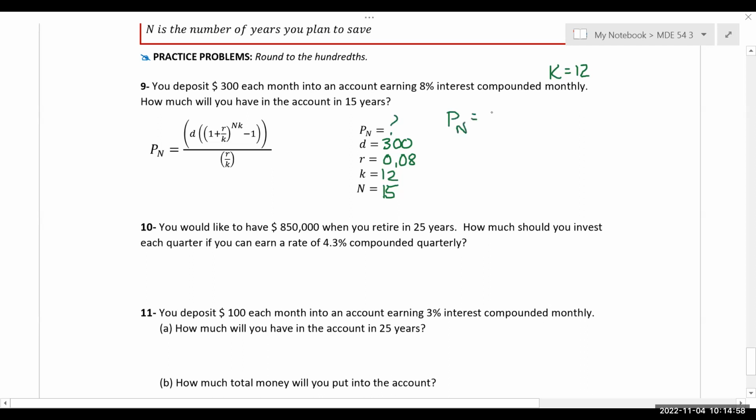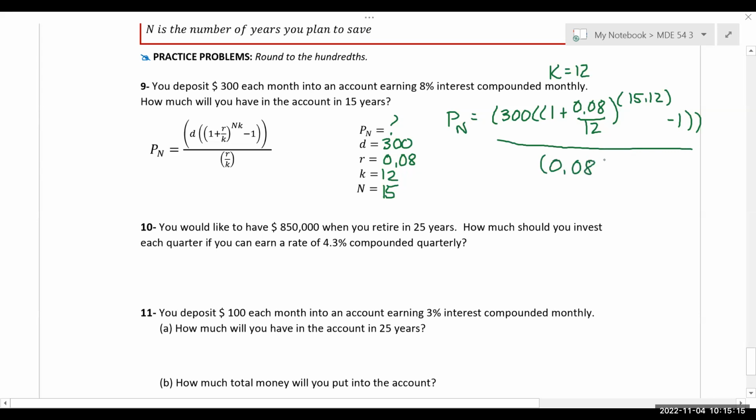So PN equals D times 1 plus R over K to the NK. And I've got to have these extra parentheses here or it'll mess it up. So we've really been focusing on how to put this in the calculator, and that's what we're going to do here as well.